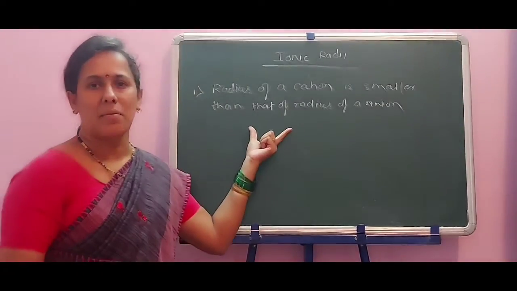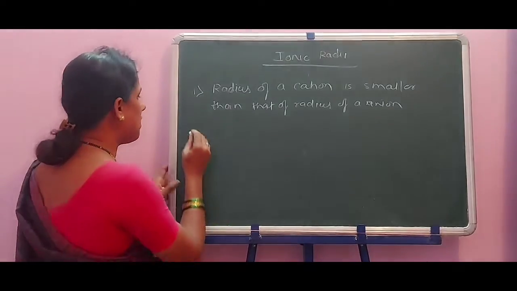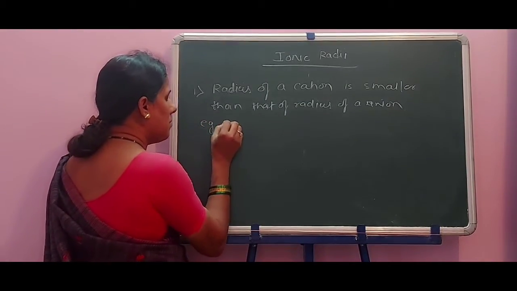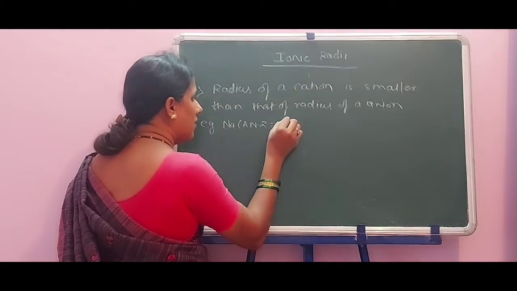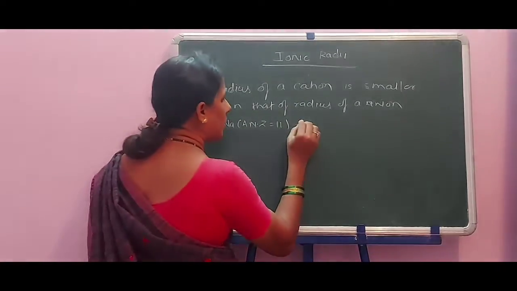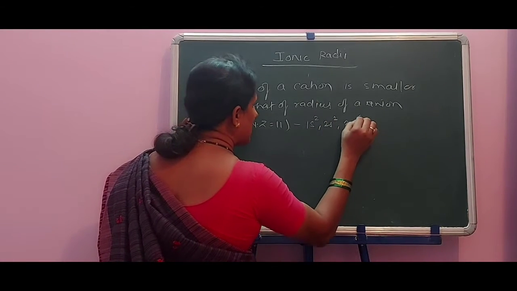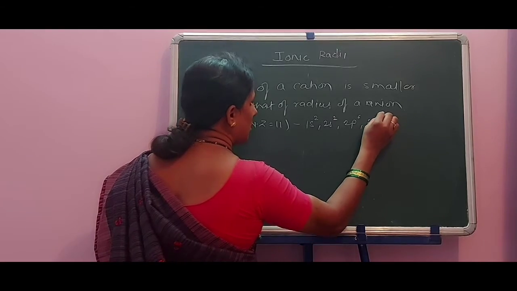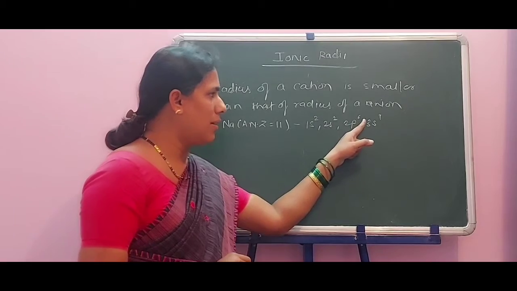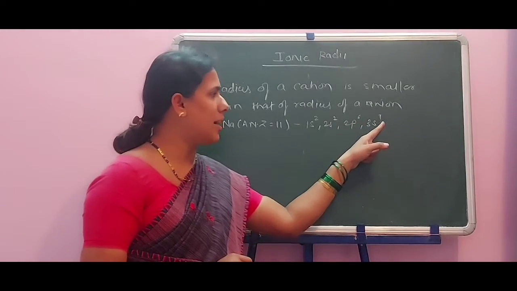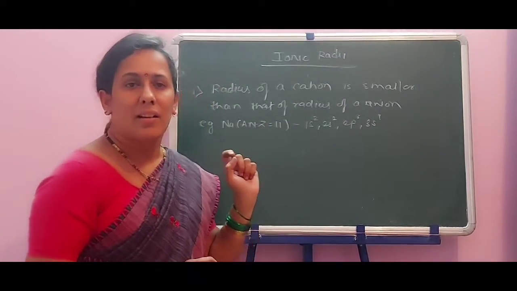Now, we are going to explain this statement by taking the example of sodium of atomic number Z equal to 11, with electronic configuration 1s2, 2s2, 2p6 and 3s1. That is, total number of electrons is 11, and the last electron will enter the last s shell.